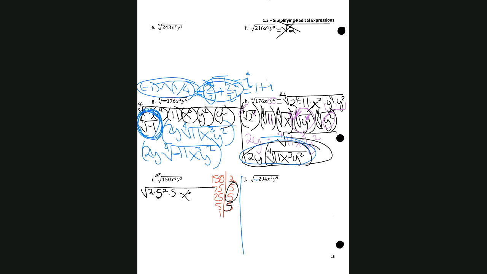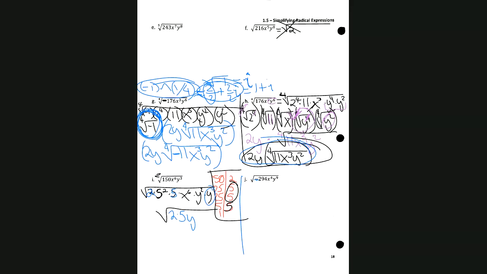And then for y, we will break that into y squared times y, because we want to make those groups of 2. So right here, 2 and 5 will remain inside the radical. Also, y will remain inside the radical. Now, that is not 25, it's 2 times 5.